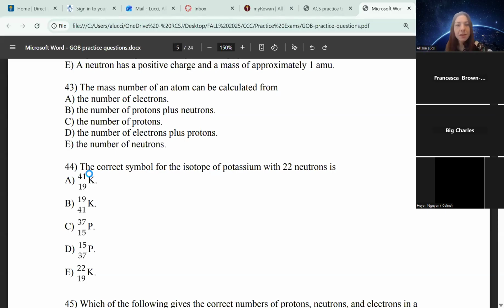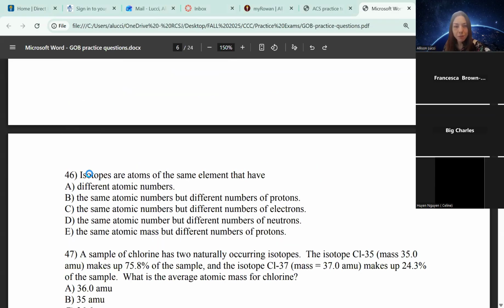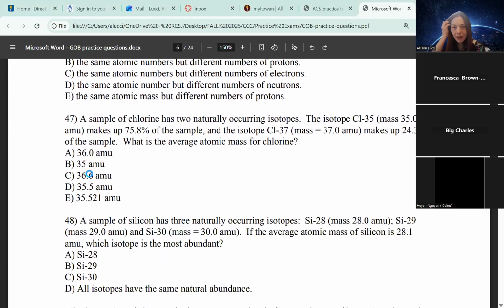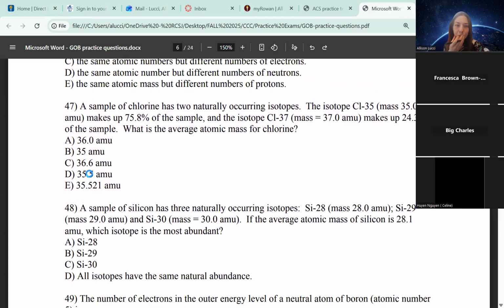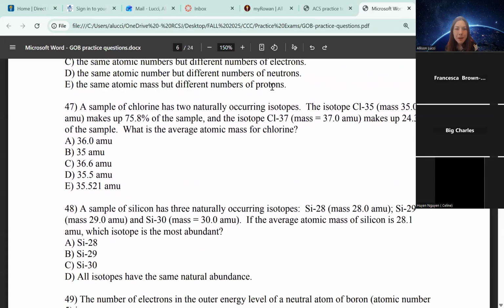So we know what neutrons, protons, and electrons are. How about something like number 47? This was early on as well, when we looked at average atomic mass.